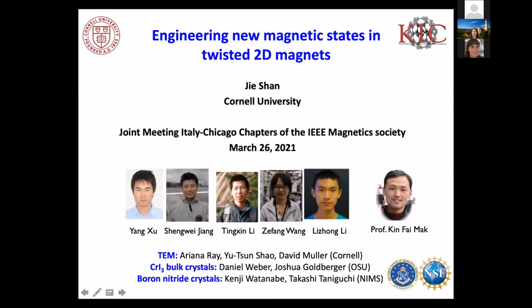We got our bulk crystals, in this particular case chromium iodide, from Josh Goldberger's group at Ohio State University, and hexagonal boron nitride crystals are from the National Institute for Materials Science, Japan. And the TEM work was done in collaboration with my colleague, David Mueller here.